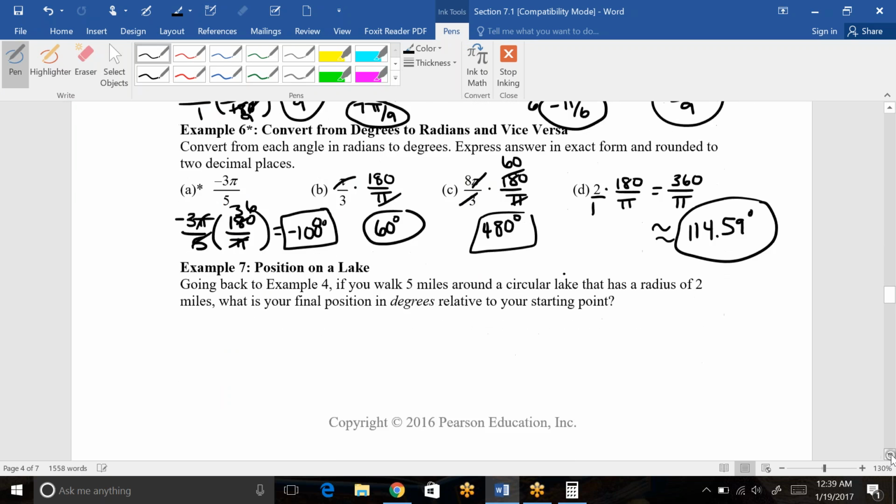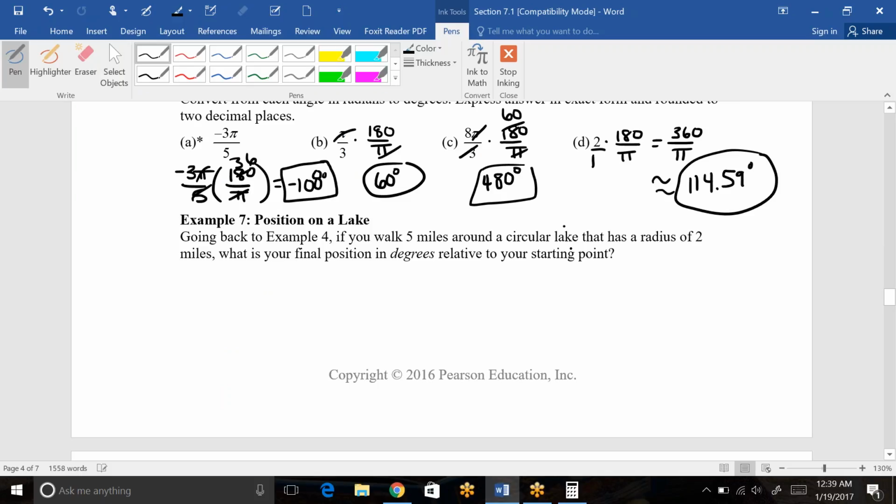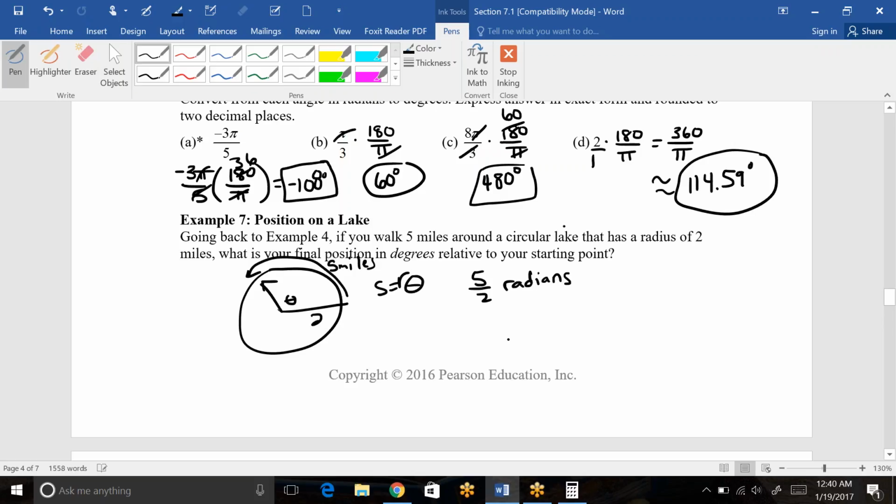Okay, so go back to example 4. If you walk the 5 miles around a circular lake that has the radius of 2 miles, what is your final position in degrees relative to your starting point? Remember what we found. We had our lake and we walked around 5 miles. We just kind of roughly estimated this. We already plugged into our arc length formula and we found out that that was 5/2 radians a minute ago.